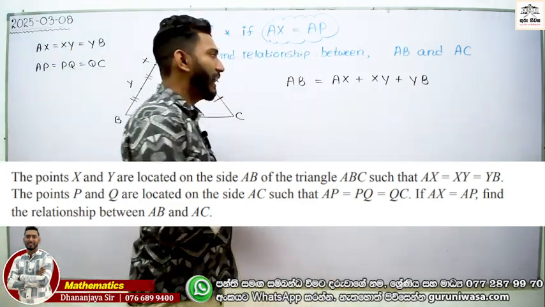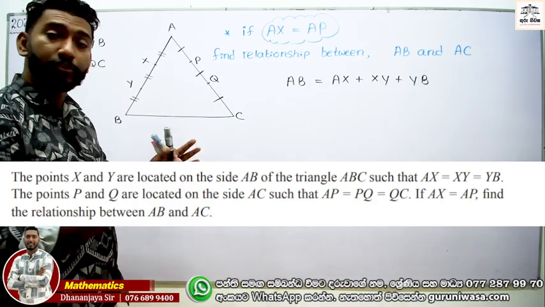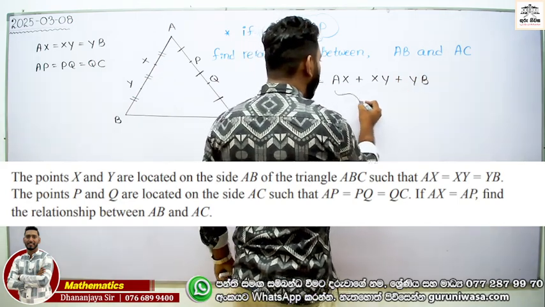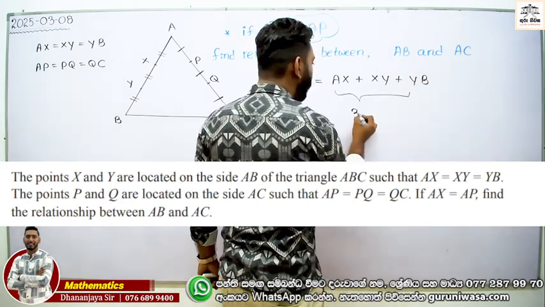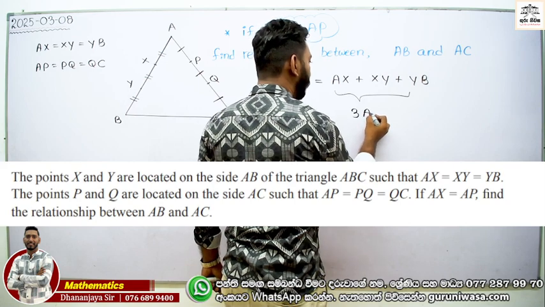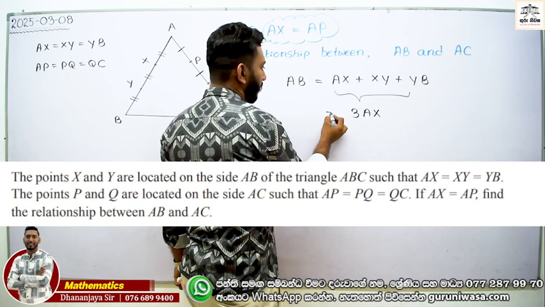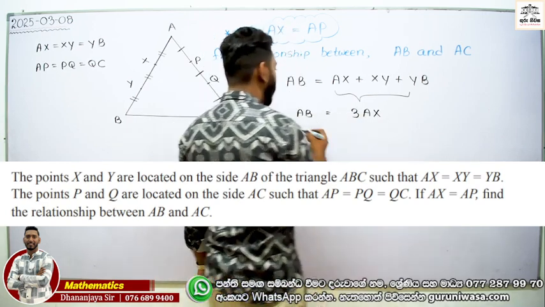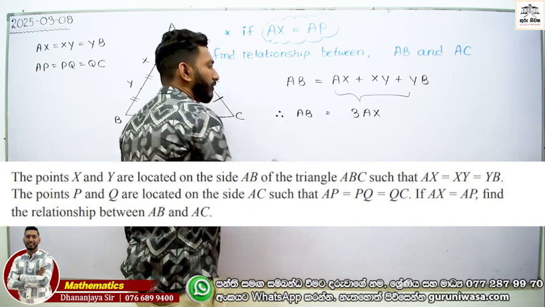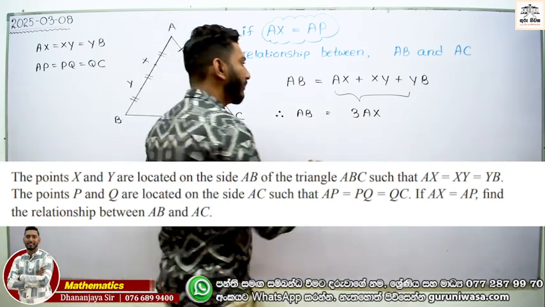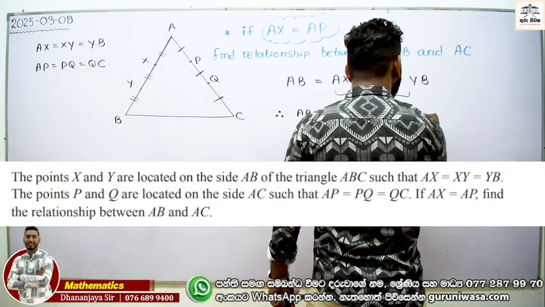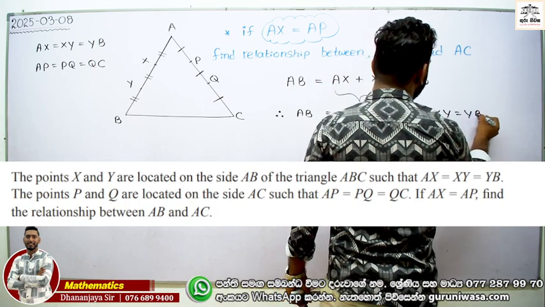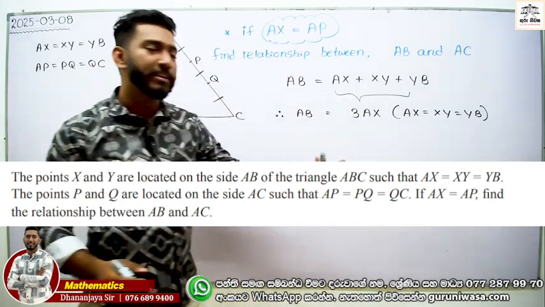These three things are equal. Therefore, we can write 3 times AX. Therefore, AB should be equal to 3 times AX. What is the reason? AX equals XY equals YB. It's like X plus X plus X, 3X.